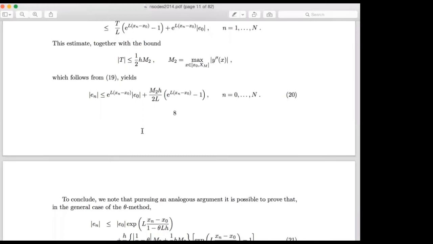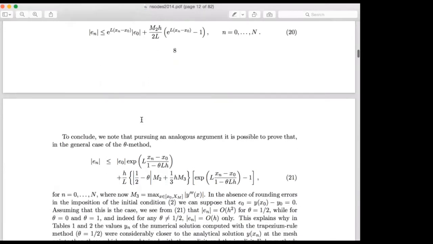In certain cases, suppose its value is 1, it will take 1. But suppose y0 is 1/3. In that case, it will take its approximate value of 1/3 rather than the exact one. Am I right? So that's why this E0 will be non-zero.